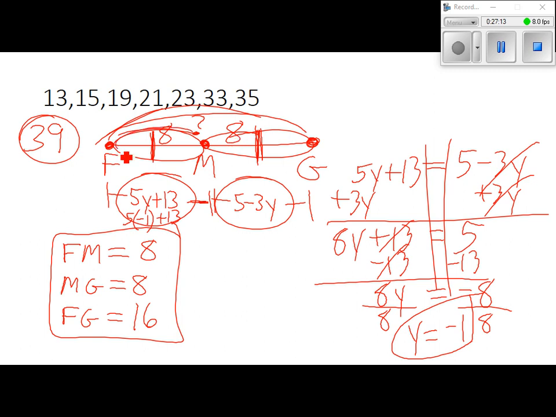Other times we want to say this segment equals that segment, depending on the information that they give you. This first test is going to be hard because we have so many things that are real similar to each other. If you do the wrong thing for the wrong problem, then you're out of luck.